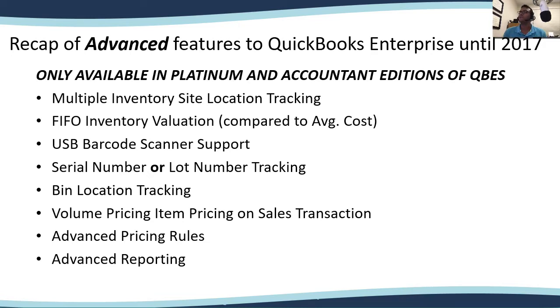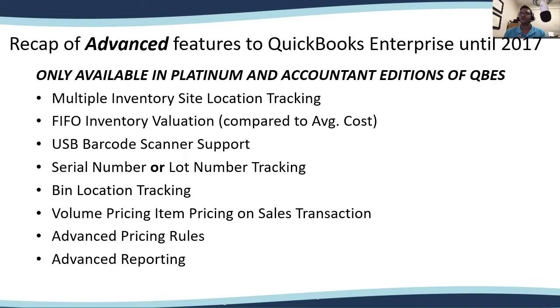Multiple inventory site location tracking, which we'll go over. FIFO inventory valuation, which we won't demo because it's just the way it calculates inventory. Support for a USB barcode scanner, which can be physically plugged into a computer with QuickBooks, or it could be Bluetooth, but you still have to plug the dongle into one of the QuickBooks machines.